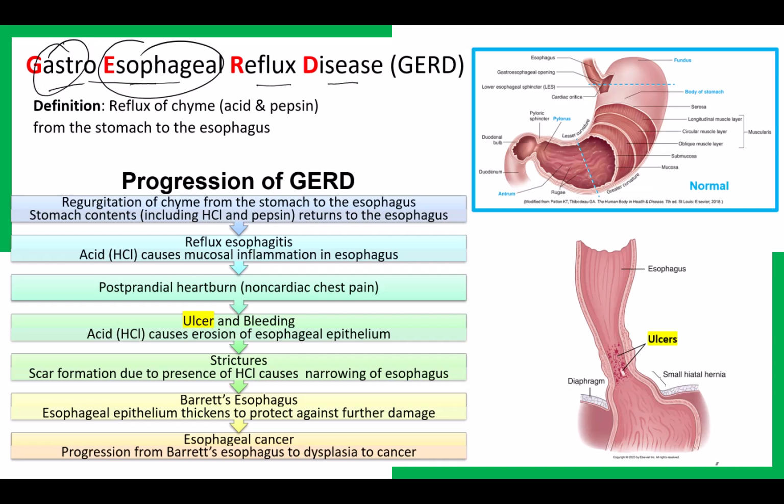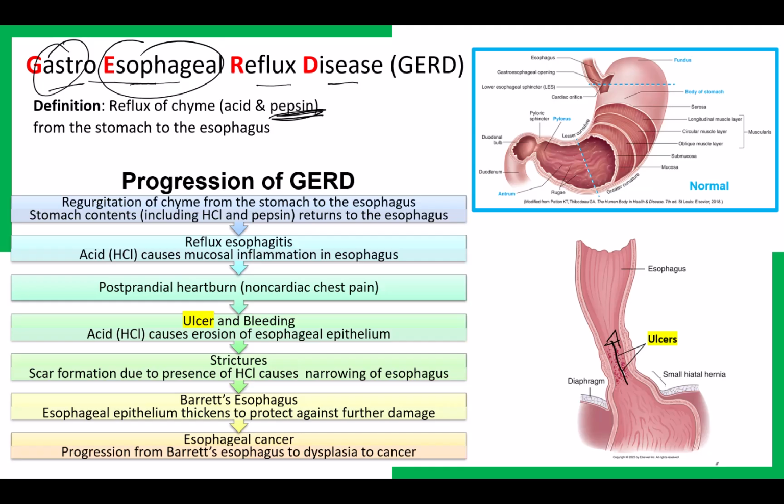And what's dangerous is when acid enters into the esophagus, as well as pepsin. So pepsin is one of the enzymes that digest proteins, right? And muscles are proteins. So progression of GERD goes as this.